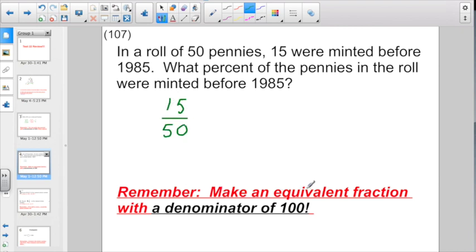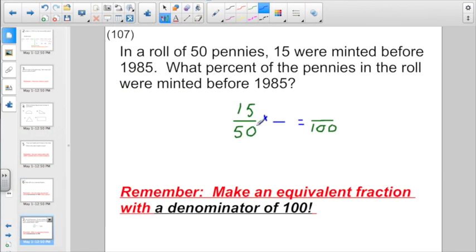Remember to turn it into a percent, if you can make an equivalent fraction with a denominator of 100, that is the easiest way. So I have to go and leave some room for my number in the middle. Start off with a denominator of 100. So now we got to think, 50 times what is going to give us 100? Hopefully you know that answer would be 2.